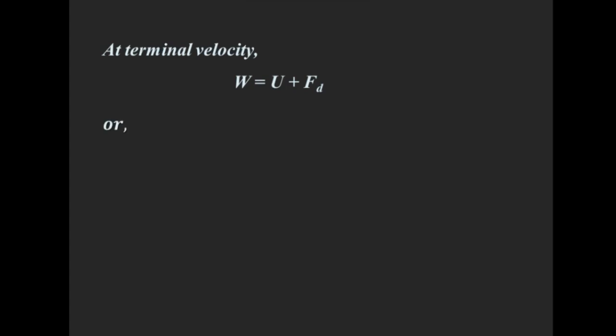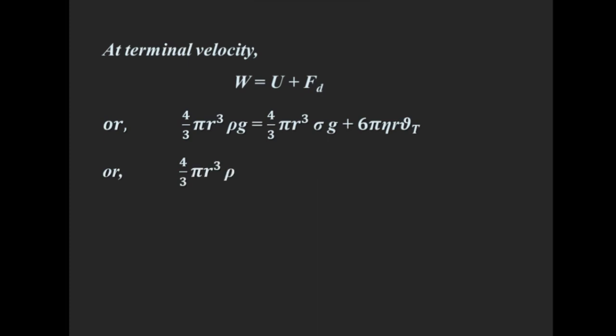The weight of the body is given by 4 by 3 pi r cube rho g, whereas upthrust is given by 4 by 3 pi r cube sigma g, plus the drag force 6 pi eta r vt. Now on simplifying, we have 4 by 3 pi r cube rho g minus 4 by 3 pi r cube sigma g equals 6 pi eta r vt.